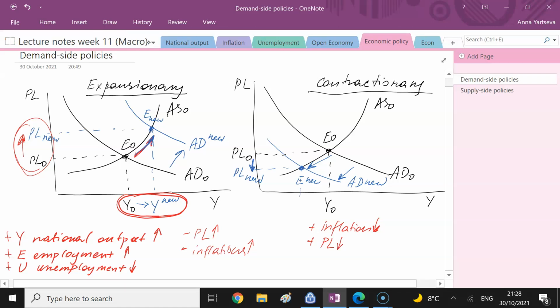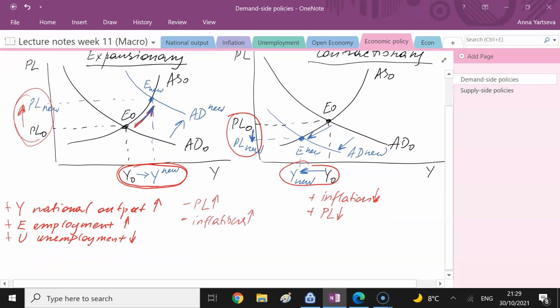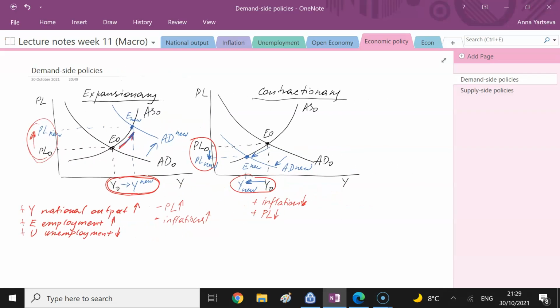Unfortunately, the cost will also be quite significant because our national output will also go down. Contractionary policy leads to a reduction in national output, in GDP and in national income level. These are the downsides of the contractionary policy. So national output drops, and national income drops as well. We earn less.